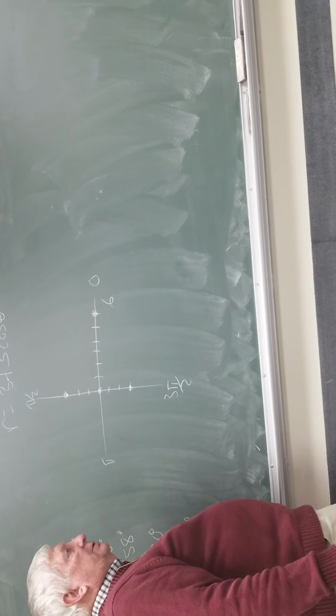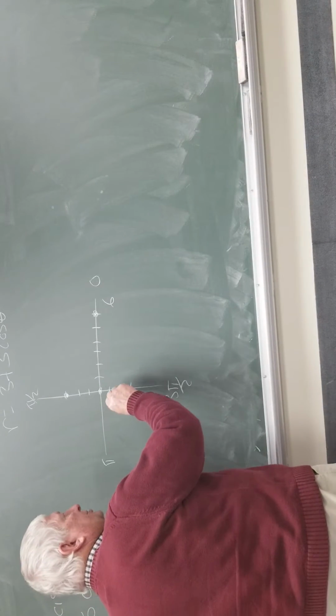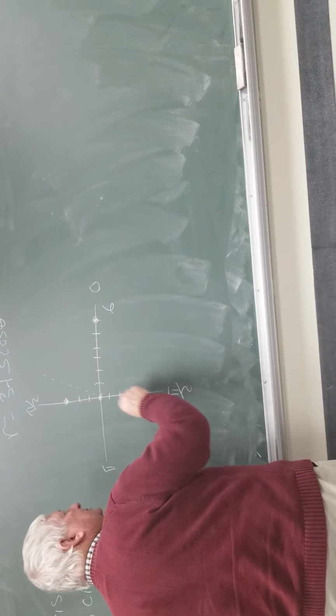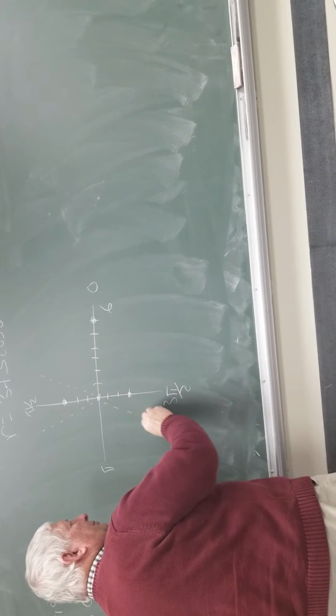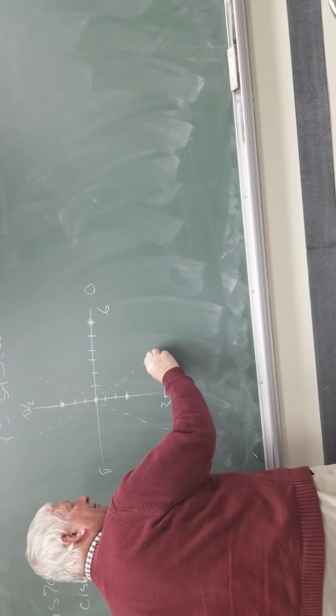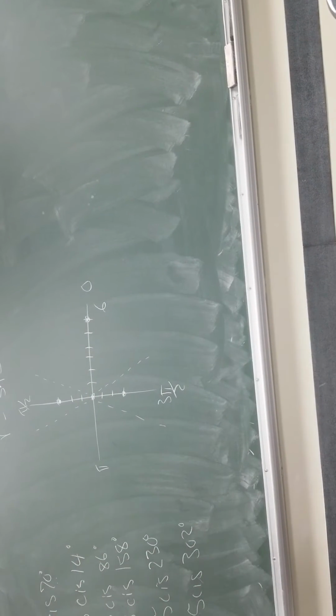And the next ones are easy to pick. Cosine of 60 degrees and 120 degrees and 240 degrees and 300 degrees, all are nice numbers.